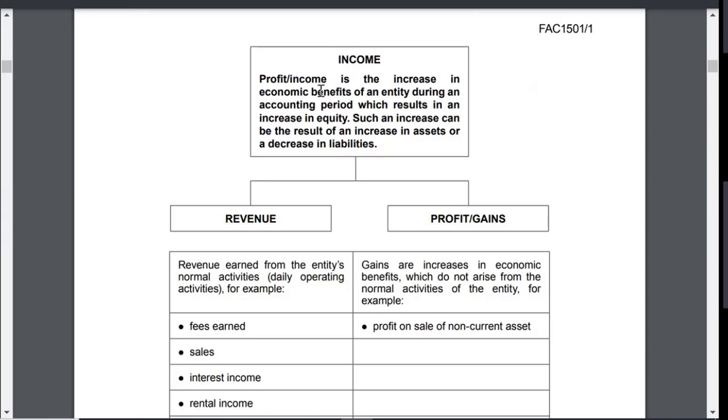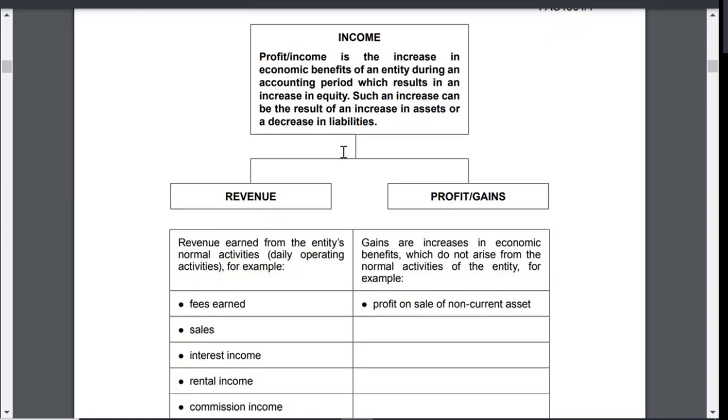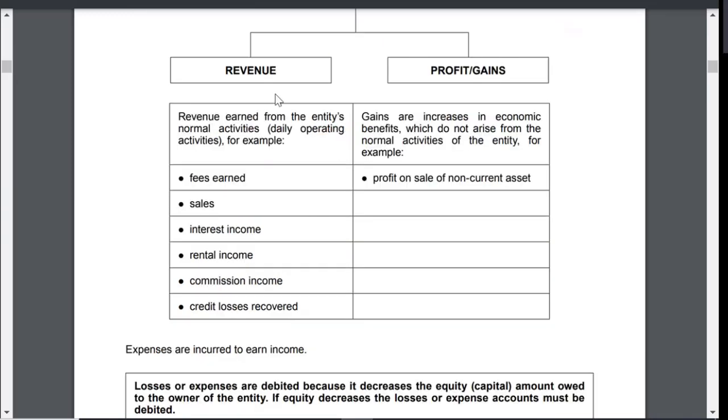Profit or income is the increase in economic benefits of an entity during an accounting period, which results in an increase in equity. Such an increase can be the result of an increase in assets or a decrease in liabilities.